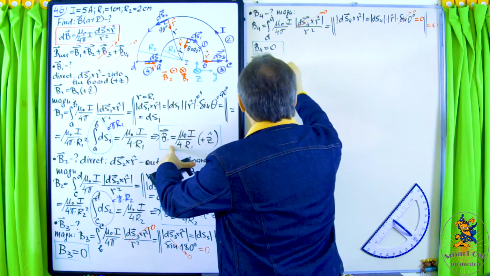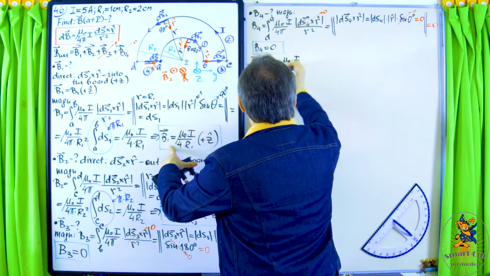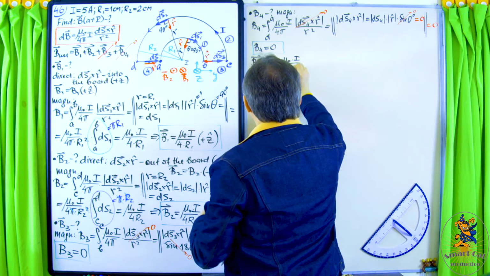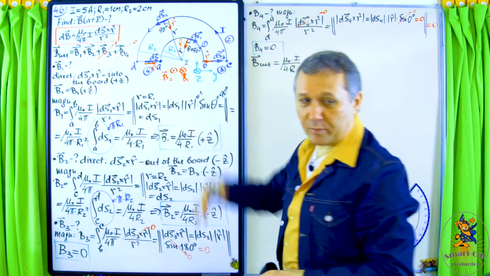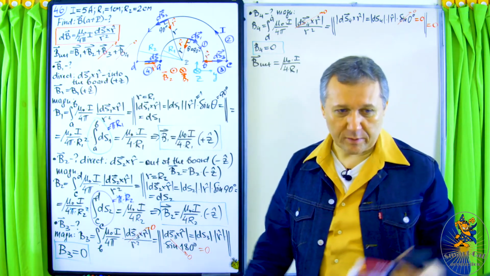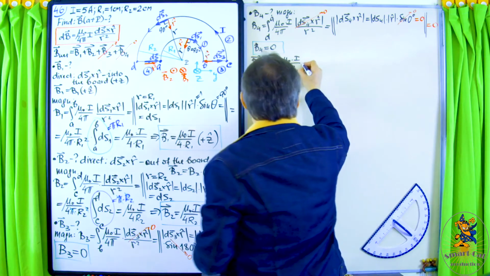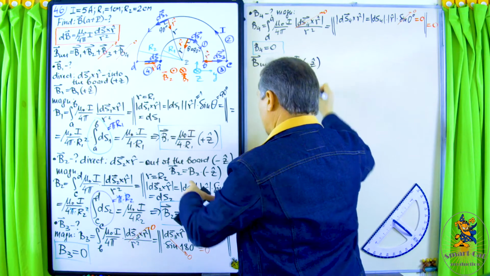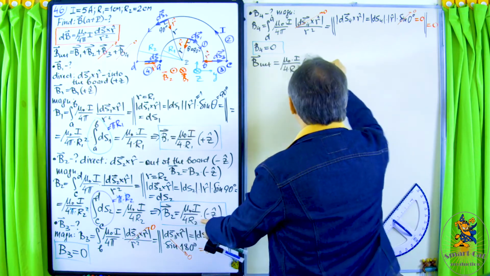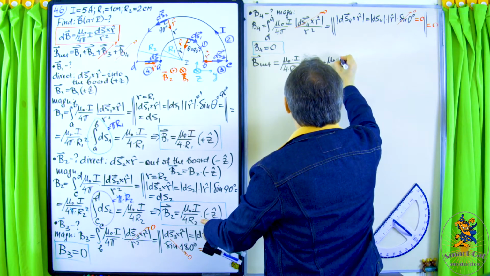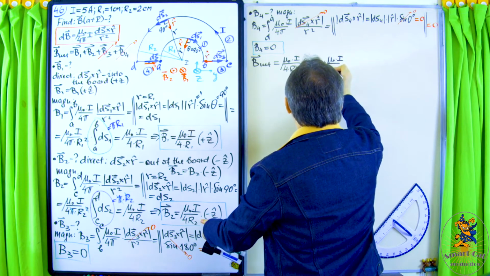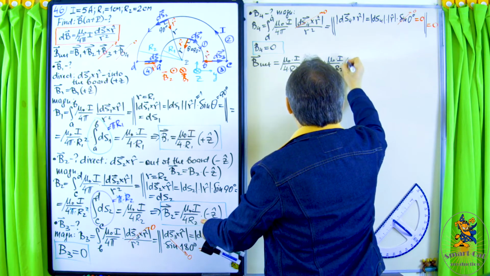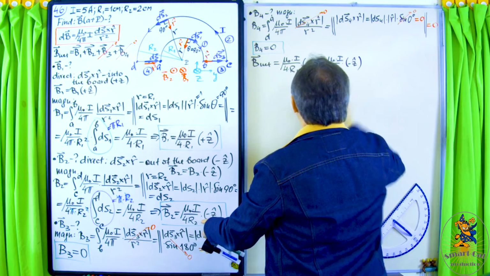B1 is mu naught times I divided by 4R1. The current is, of course, the same because we have a loop. The same current will be in every section. Then the direction is plus z hat. And then B2 is mu naught times I divided by 4R2, in the minus z hat direction. Okay?